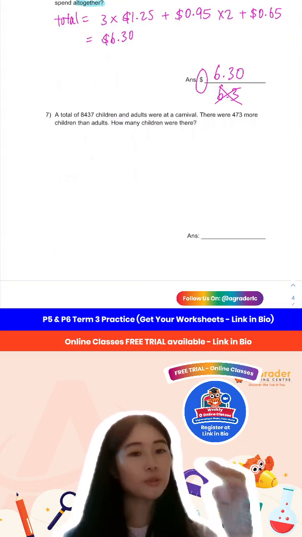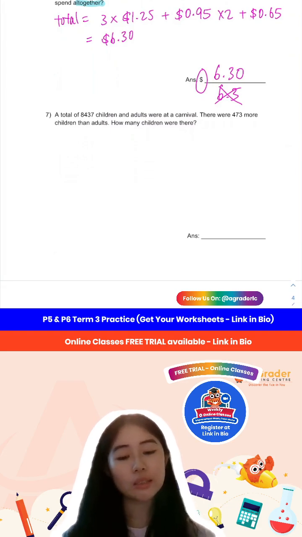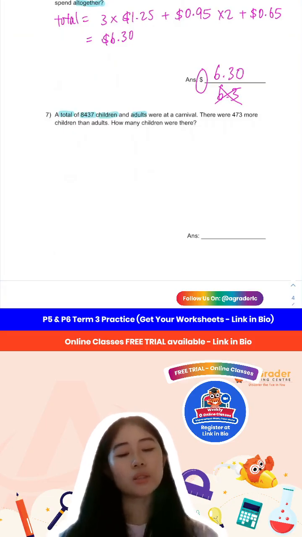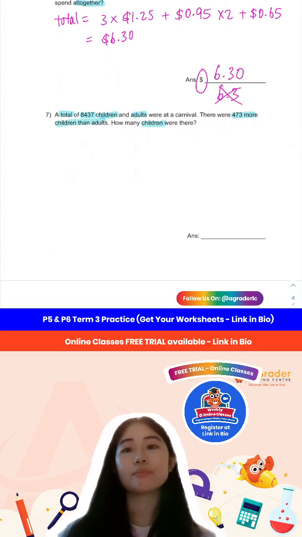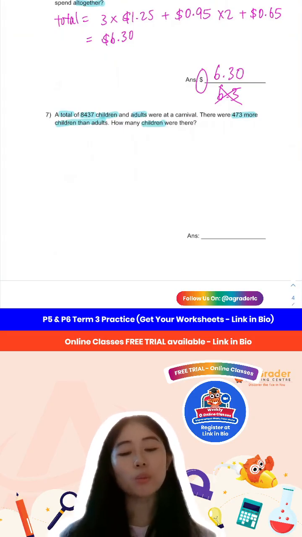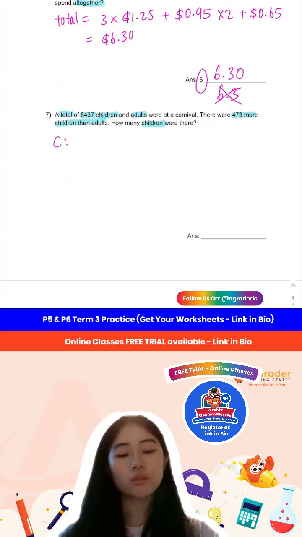Okay, right. So let's go through this. There's a total of 8,437 children and adults at the carnival. There were 473 more children than adults. So how many children were there? I will just draw a simple model for you guys, okay? So actually model is optional, but I'll just draw it to illustrate.